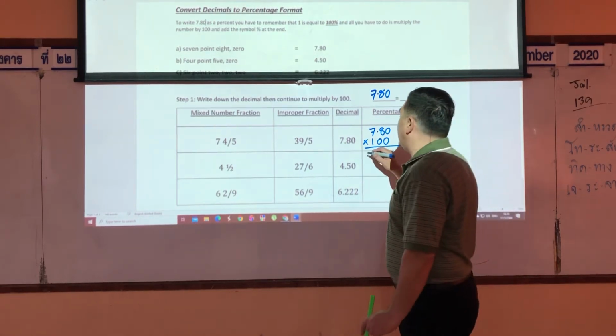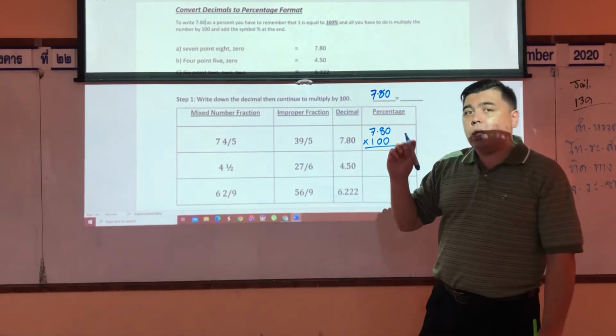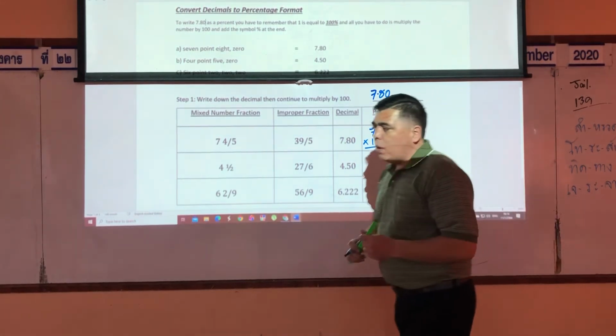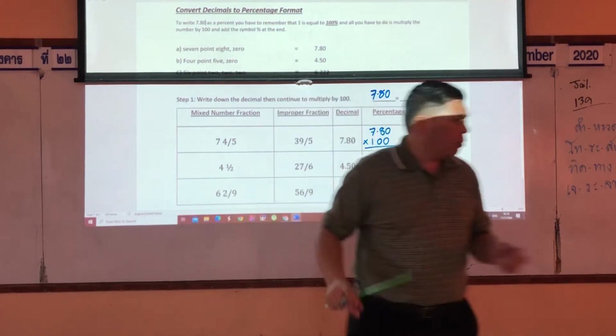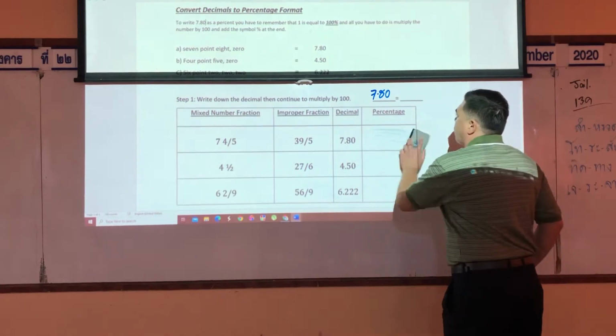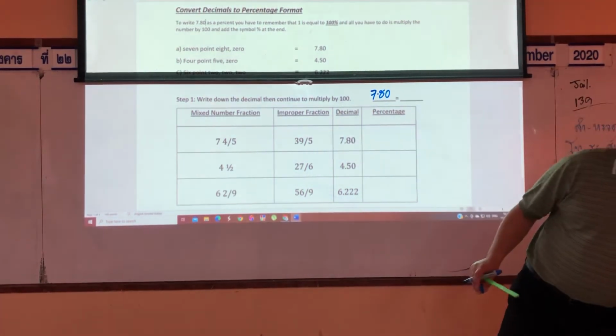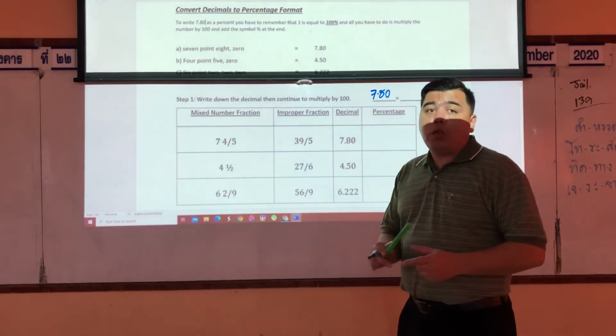And it would give us the answer of 780.00. Basically, all we're doing is adding on two zeros.